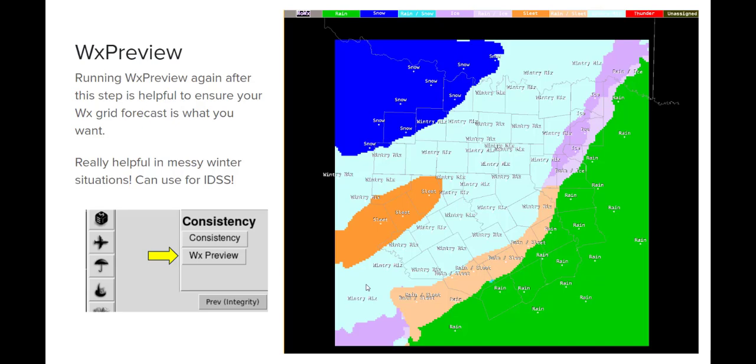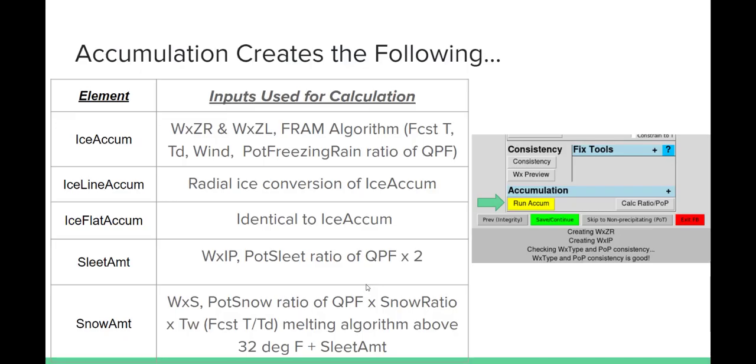Clicking the Run Accum button in the Accumulation section of the GUI will create the following winter accumulation type grids. Here's a brief description of where those accumulation values come from in ForecastBuilder. For each winter type, you need to have a weather type forecast for that location or you will not accumulate that precipitation type.